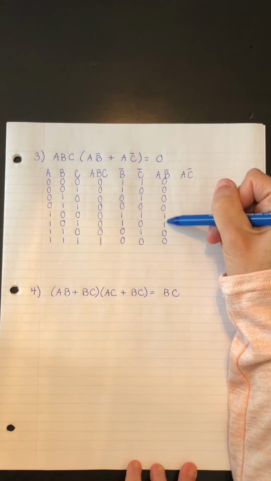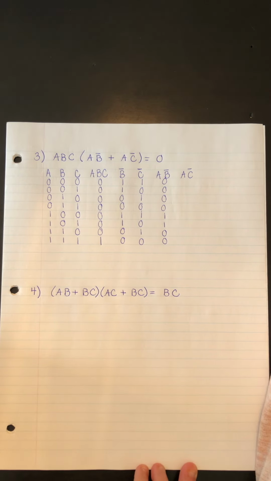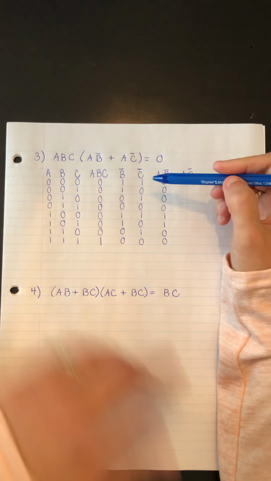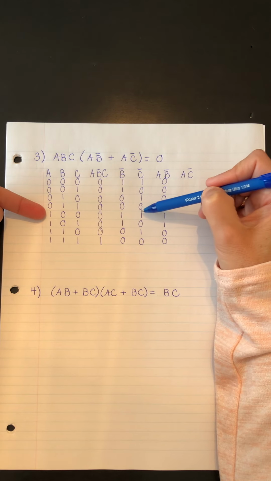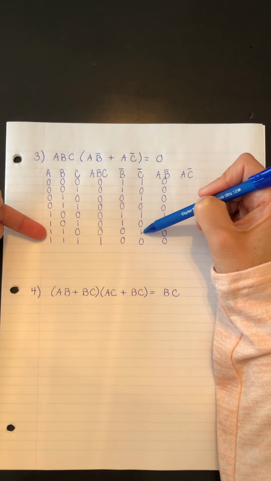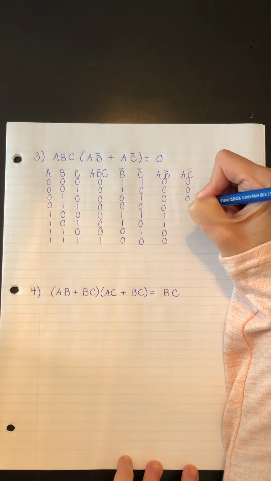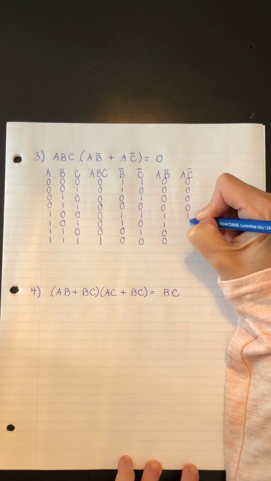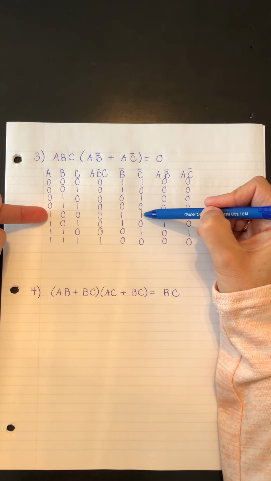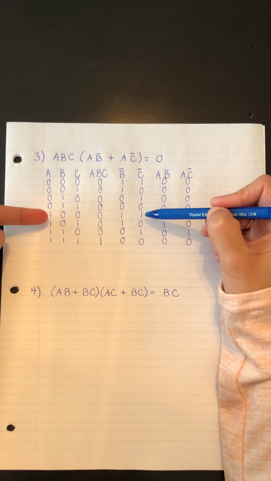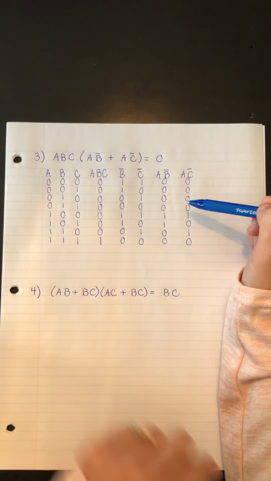So we get 1s here in rows 5 and 6. Okay, now let's do A with C0. And again, multiply 0, 0, 0, 0, 1, 0, 1, 0. Okay, so we got a 1 here in row 5 and a 1 here in row 7, like that.